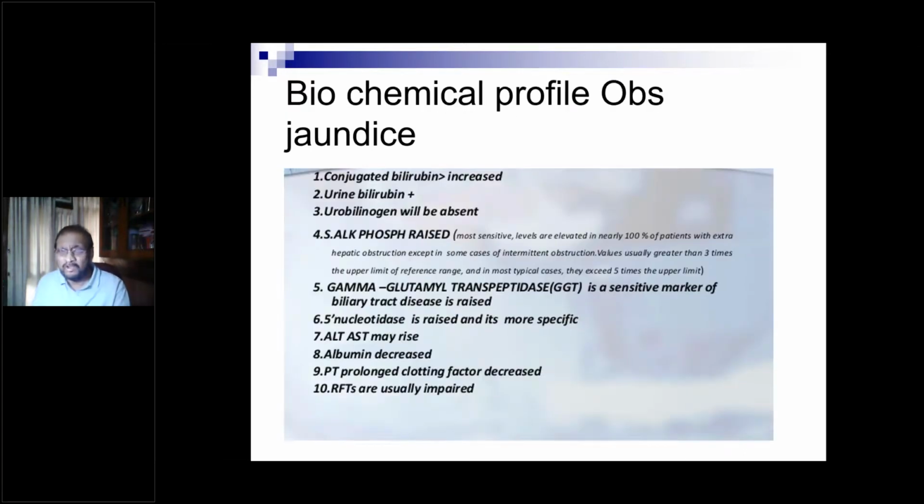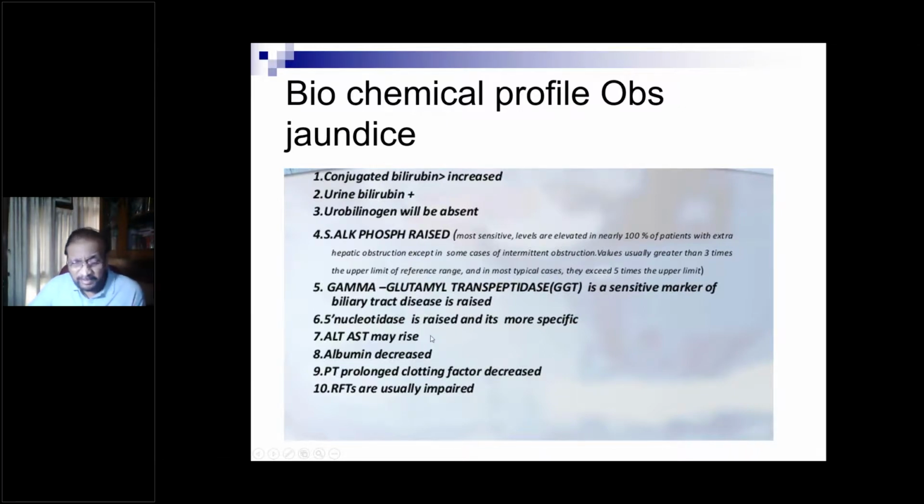So the overall profile in obstructive jaundice: number one, conjugated bilirubin is increased. Number two, urine bilirubin appears. Why? Conjugated is water soluble. Urobilinogen will be absent. Alkaline phosphatase is raised, almost up to 5 times the upper limit. Gamma glutamyl transpeptidase is a sensitive marker and is raised. 5-nucleotidase is raised.